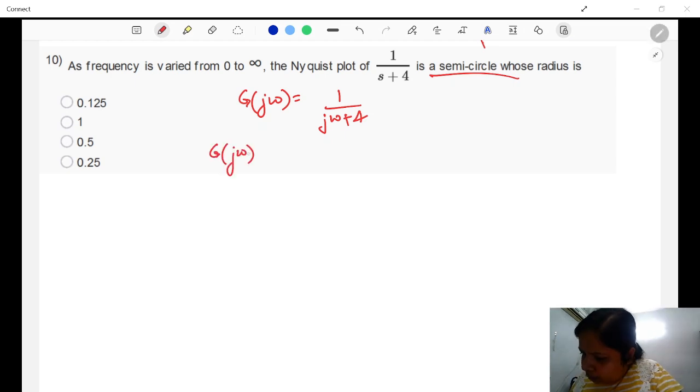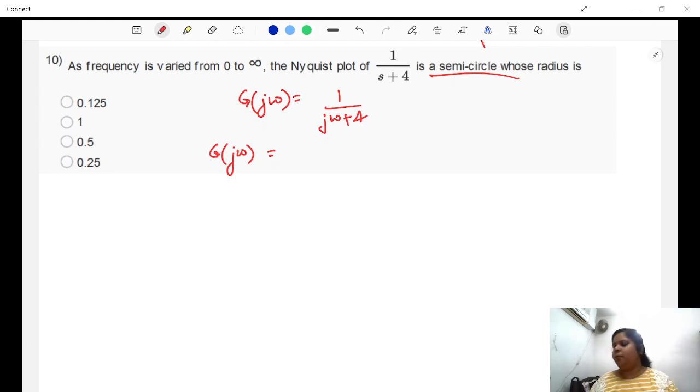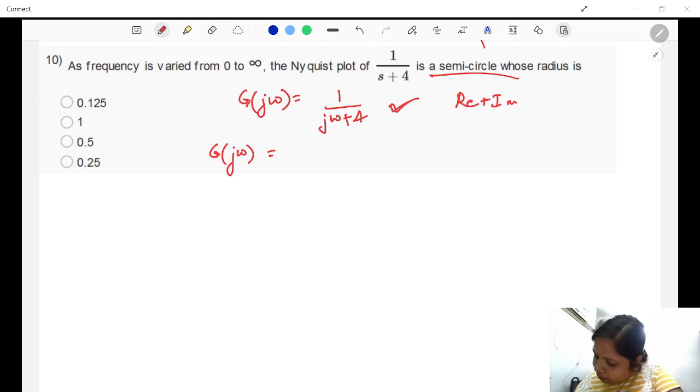Let's start. Let's multiply by the conjugate to get rid of any problem in the denominator and to separate it into imaginary and real parts. From here you cannot get real plus imaginary, and we want real plus imaginary, so we multiply the numerator and denominator.